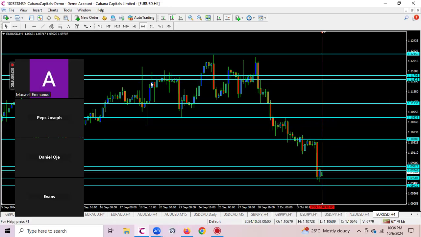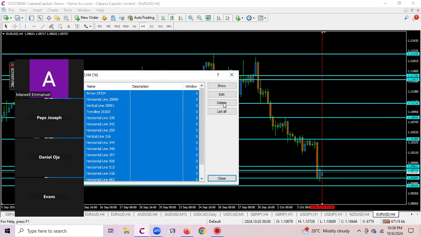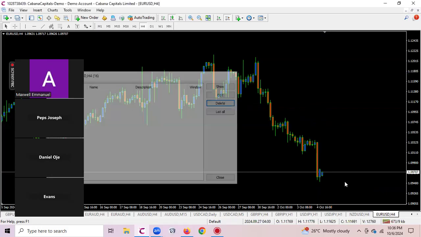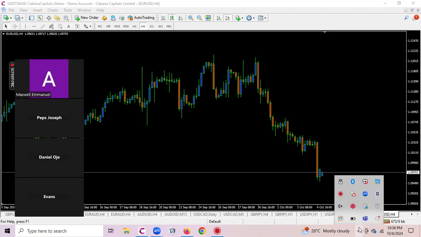If you apply your Fibonacci tool, the Fibonacci tool is the tool we use in identifying premium and discount. Make use of the Fibonacci tool to identify the premium area and the discount area. If price is at premium, you look for sell, right? You don't buy when price is at premium.